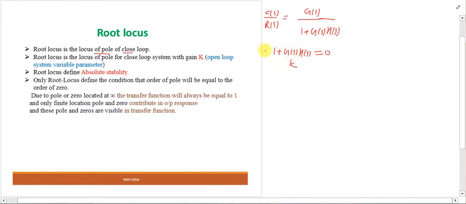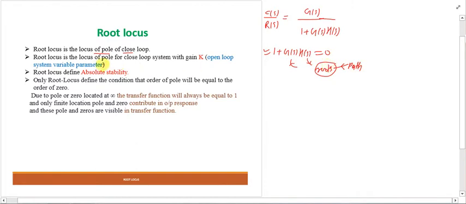The path of the locus of these roots is known as the root locus.